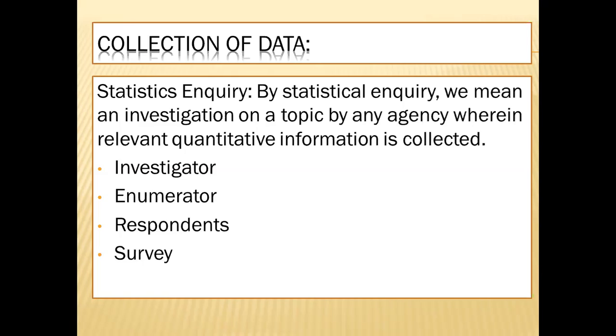So through whom will we collect the data? First, through the investigator, through the enumerator, through the respondent, and through a survey. By investigating, and through the person who responds to the questions and answers, we collect the data.